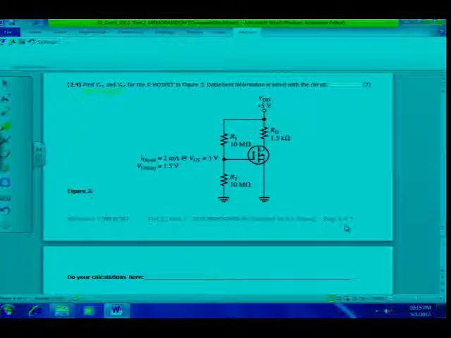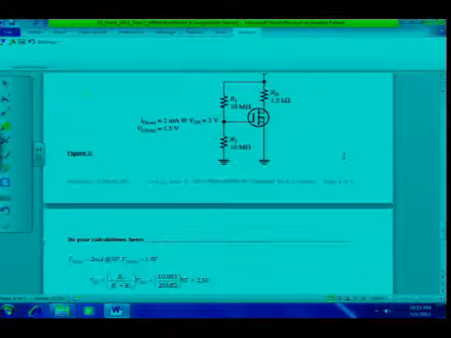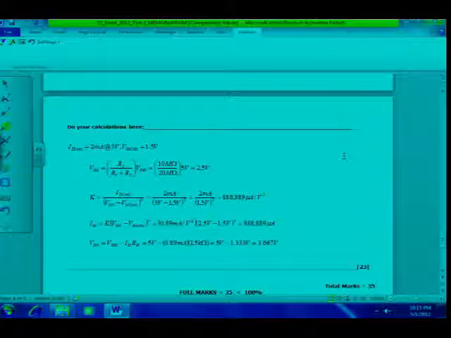Right, question 2.4 is from the textbook, the basic problems again, basic problems chapter 8, number 42B. Find VGS and VDS for the E MOSFET in figure 3. Datasheet information is listed with the circuit, exactly as in your textbooks. And here's the solution.